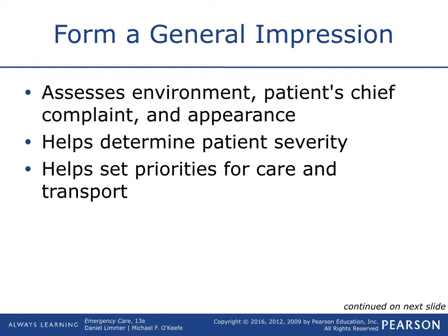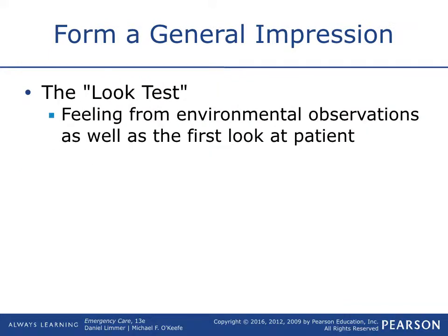So again, when you form a general impression, it starts as soon as you walk in the room, up to the point where you start reaching the patient. It helps determine patient severity. Load and go, stay and play. Pain's a 1 out of 10, or the pain is the worst it's ever been, it's a 10. It helps set priorities for care and transport.